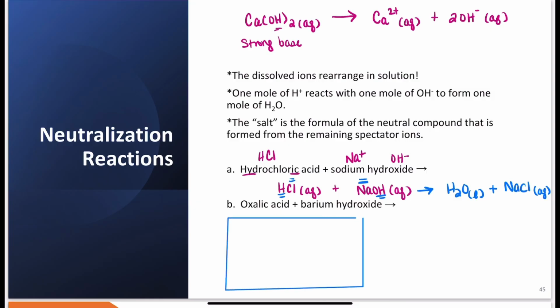If I had the system, let's say originally I put them in 2 sides of a container and I've split them up. One side I have my H plus ions and my Cl minus ions. The other side would have my Na plus and my OH minus. And again, what's not pictured here, the white space, is all of the water.